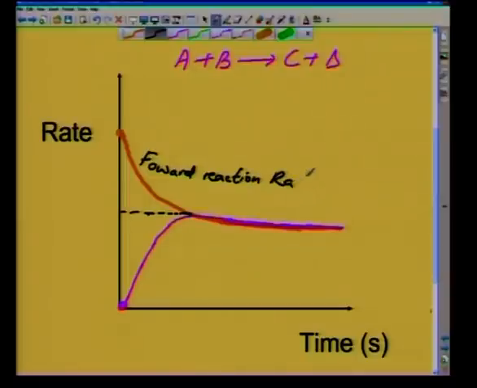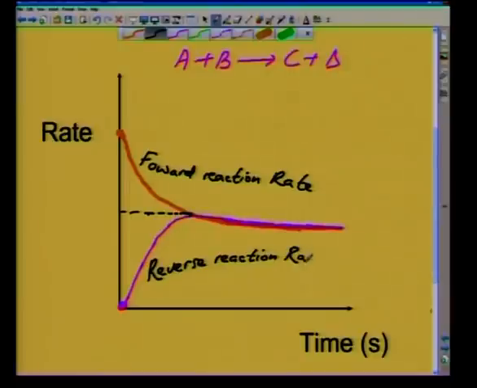And then this color here, I'm very colorblind, but I think this could be some purplish color, this would be representing your reverse reaction rate. In other words, your C and D reacting to give you back A and B, the reverse reaction rate.